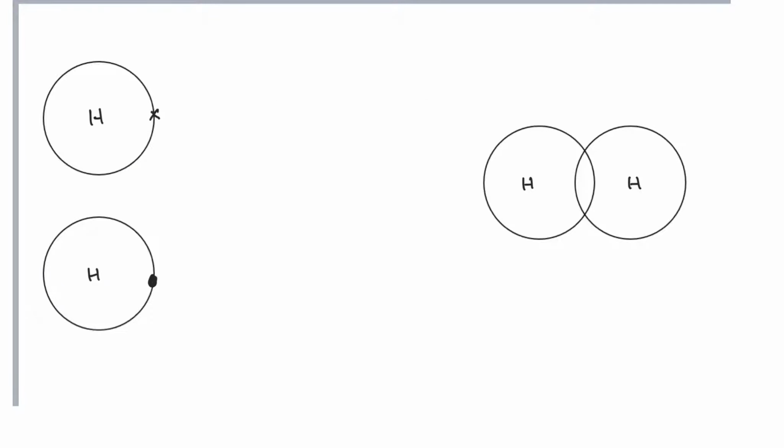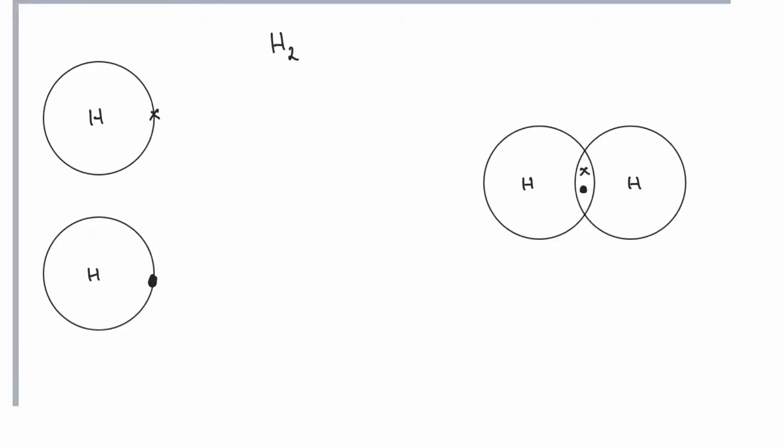Now, if we have a look at the element hydrogen, the molecular formula of hydrogen is H2, which means it's diatomic, and every atom of hydrogen has 1 electron in its outer shell. So all we do is put the only electrons as a shared pair between the two atoms. We've got 1 electron from each of the atoms, a cross from one of them, a dot from the other.